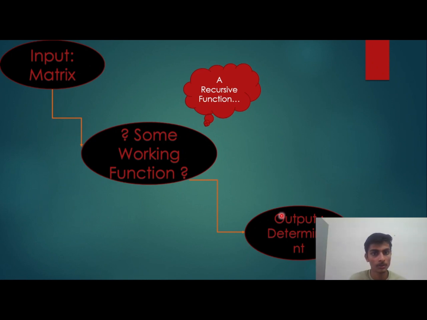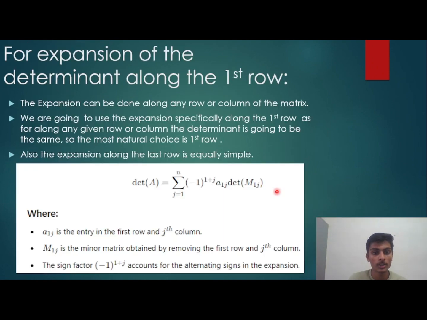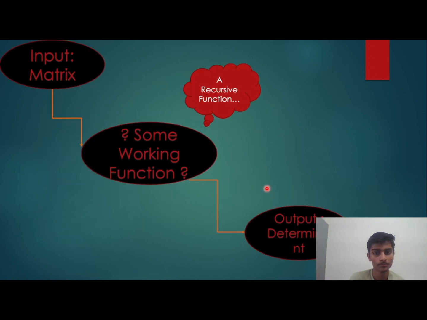The determinant of A is given by multiplying each element with its minor matrix and doing the summation. But this minor matrix has an order 1 lesser than the main matrix. So we are actually reducing the order of the matrix with that cofactor expansion.